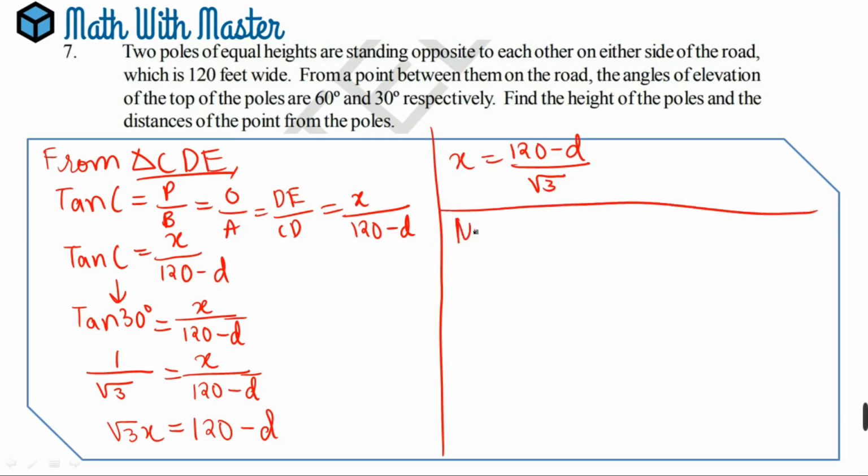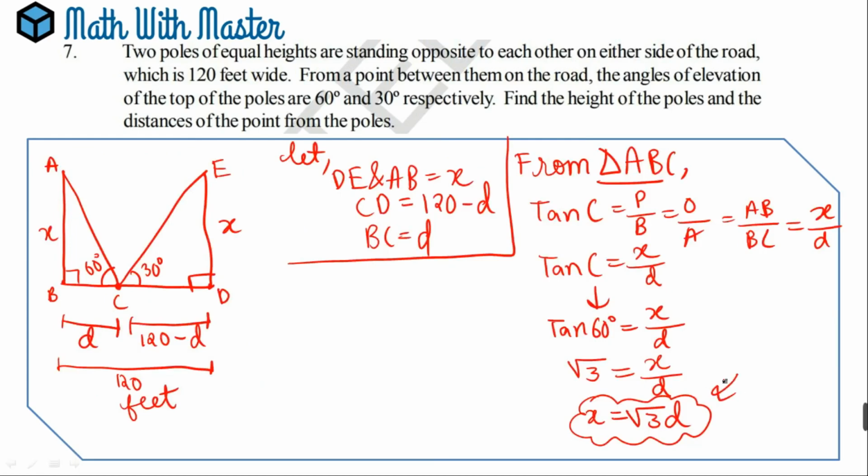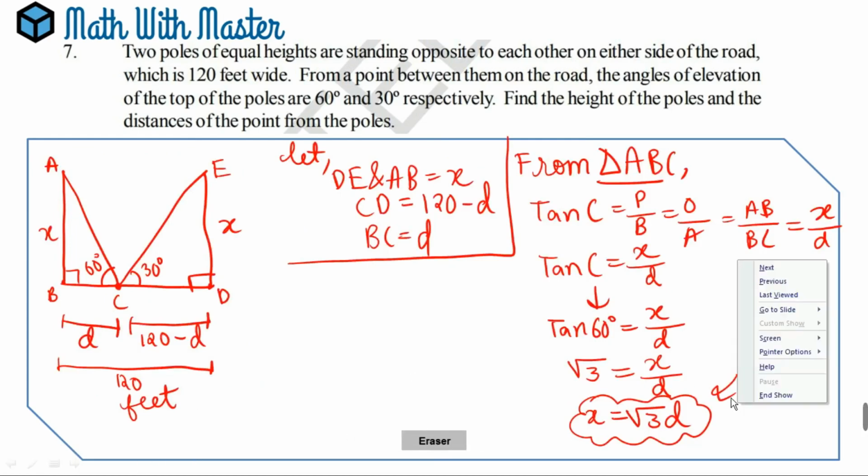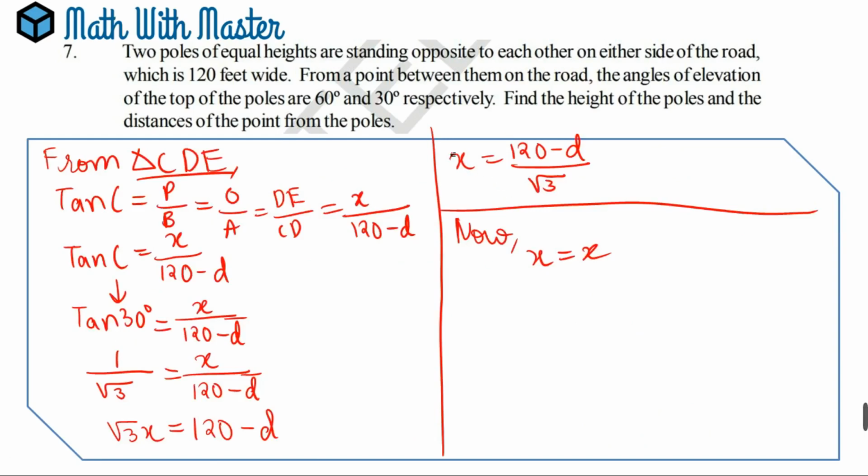So now I can say X is equal to X. So we have found this value of X. I can write, instead of X, I can write this, and in the second one, instead of that I can write this.